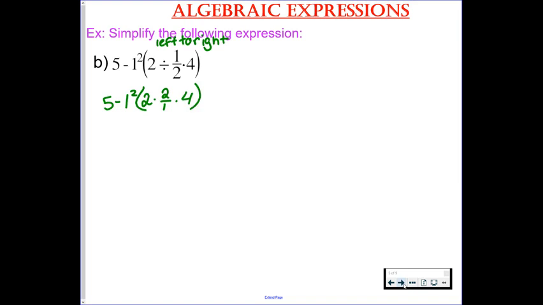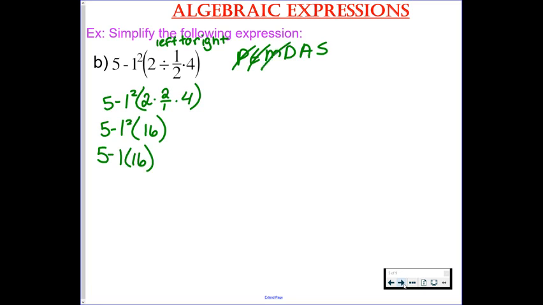Now I'm going to keep doing the inside parentheses, simplifying that. 2 times 2 times 4 is 16. Next, I'm going to do the exponent using PEMDAS, right? P-E-M-D-A-S. I did parentheses, now I'm going to do the exponent. 1 squared is 1.